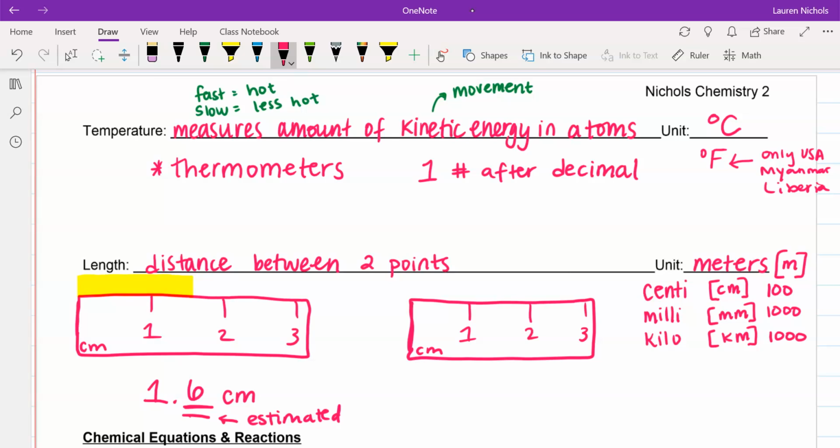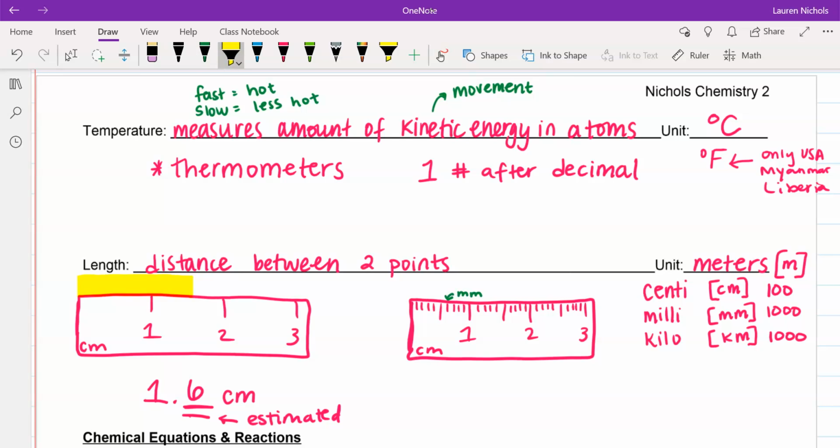Okay, but in between we have 1, 2, 3, 4, 5, and so on, tiny marks. So if we have our meter stick and now the centimeters have those 10 tiny little millimeter marks in there, this will change how we measure.